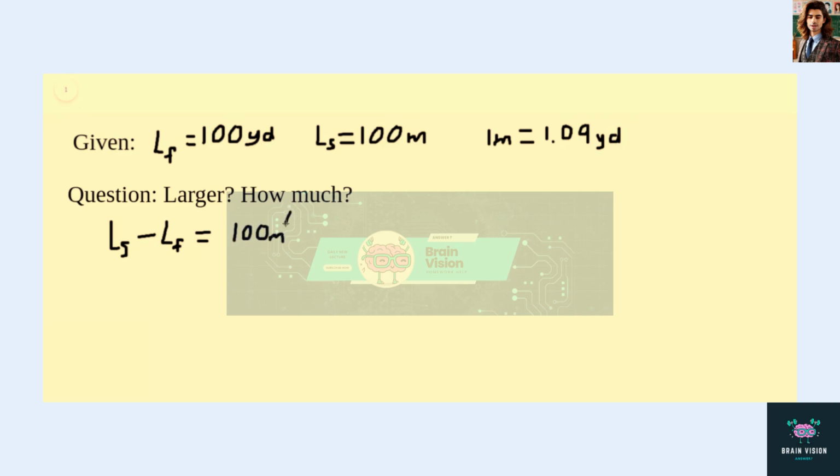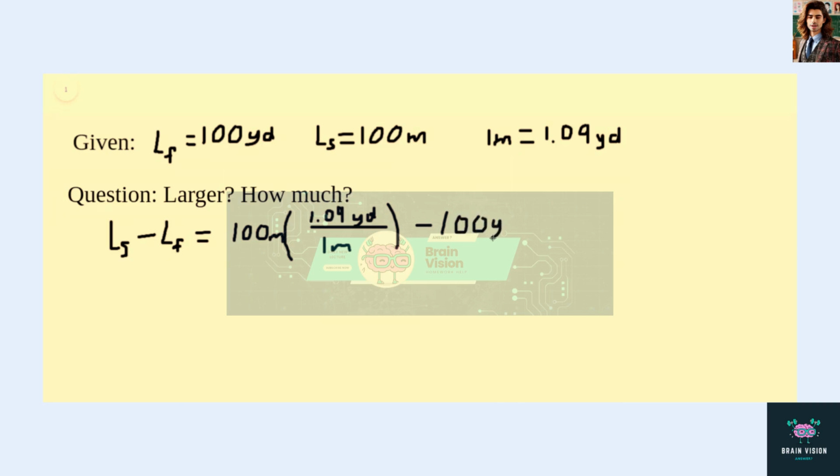So we need to multiply this by the conversion between meters and yards, 1.09 yards for every 1 meter, right? Okay. And then we're going to subtract from that 100 yards.